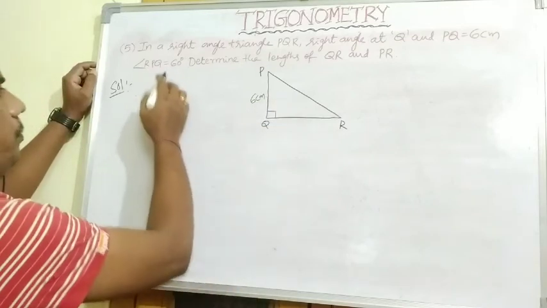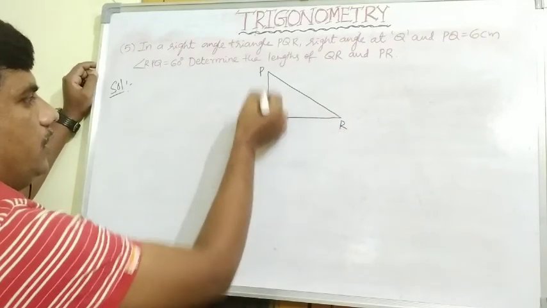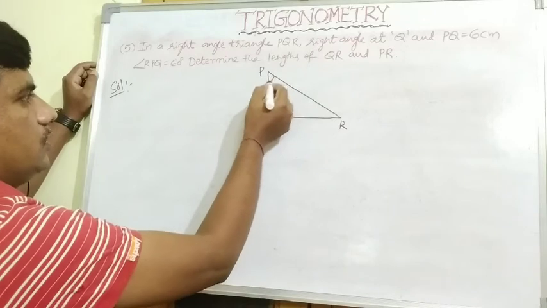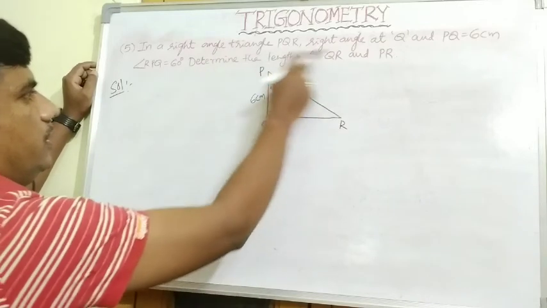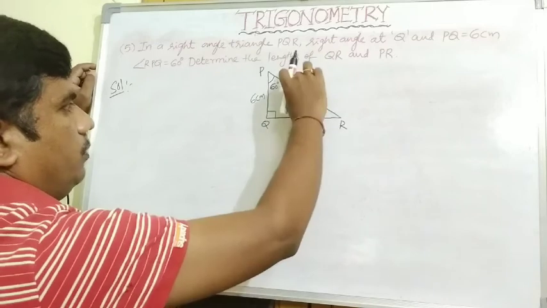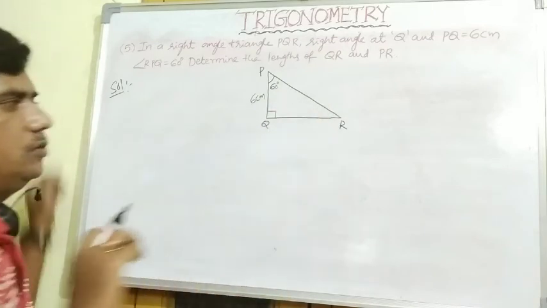Next, angle RPQ means this angle, and its value is given as 60 degrees. Then we have to determine the lengths of QR and PR; these two sides we have to find.